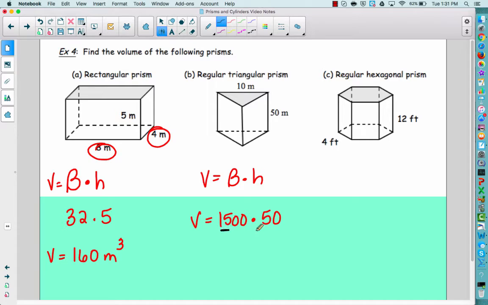If I multiply 15 times 5, I'm going to get 75. And I have 3 zeros, so I need to add 3 zeros. So my volume would be 75,000 meters cubed.